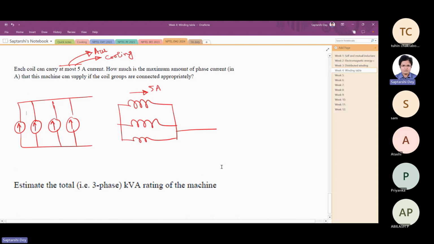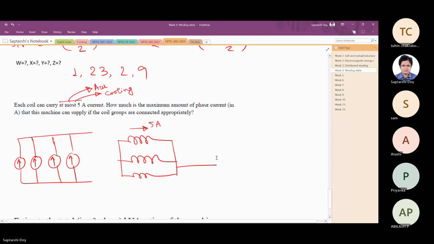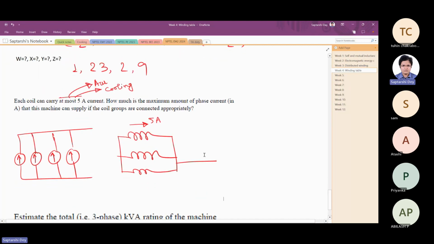Now each coil can carry at most 5 ampere. How much is the maximum amount of phase current that this machine can supply if coil groups are connected appropriately?